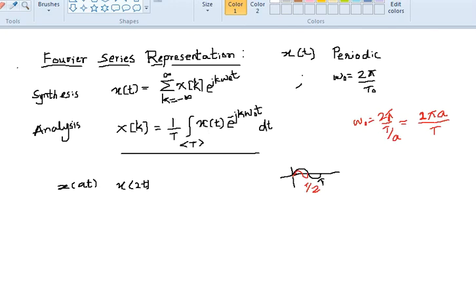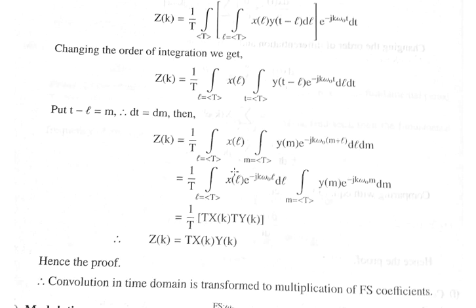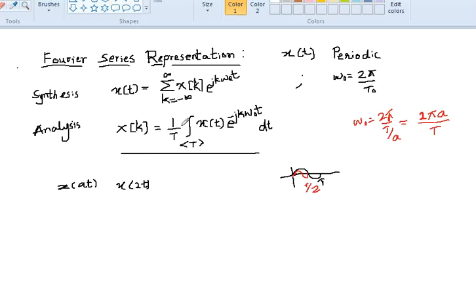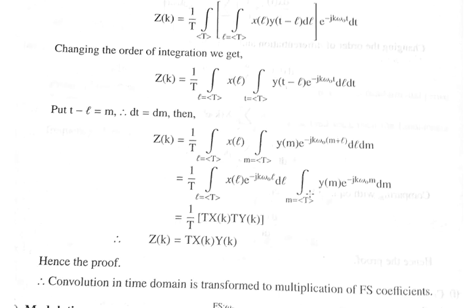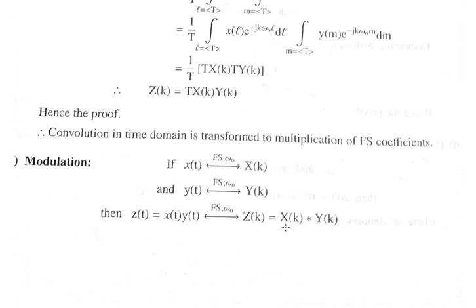So here in both of those terms, this 1 by t is missing. So if this integration is there, then we can write this as t into x of k, and we can write this as t into y of k. So that t square into x of k y of k and 1 by t is there. So the result would be t into x of k y of k.